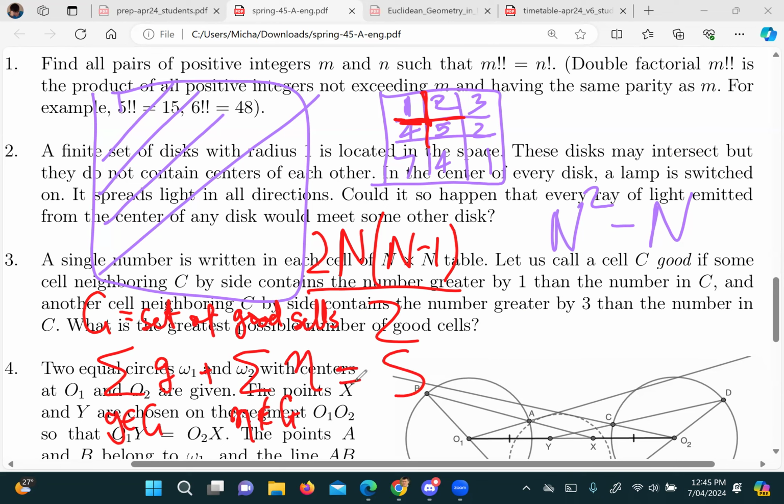If I, instead of taking the sum of the good cells, I take the good cell and I sum the cells that make it good, yeah.